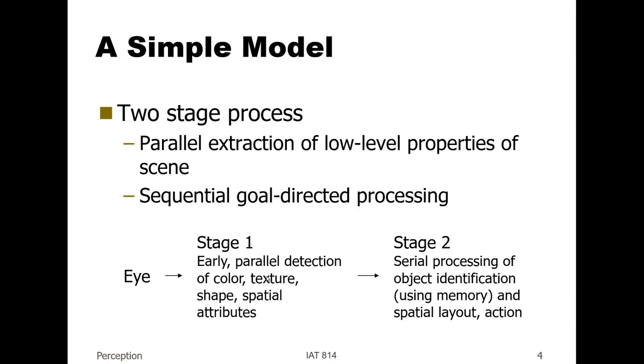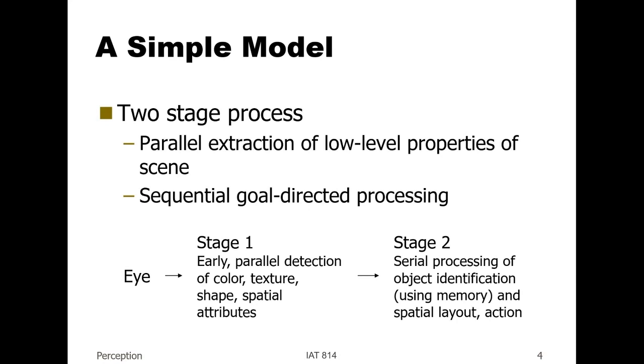The first stage is early parallel detection of color, texture, shape, and spatial attributes. These things occur immediately after photons have hit the eye, been picked up by your rods and cones in your retina, and the information from those cells is passed on to neurons at the earliest stages of visual perception.